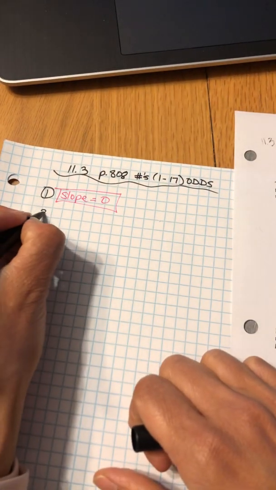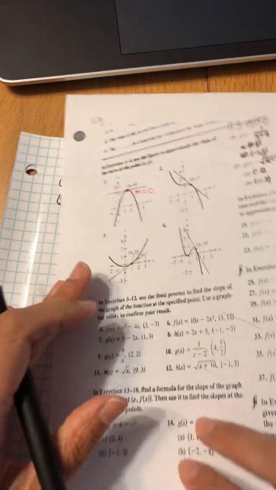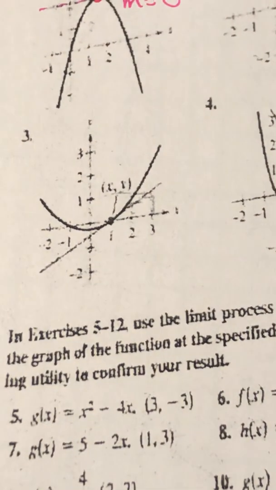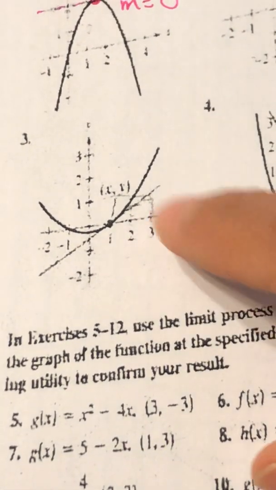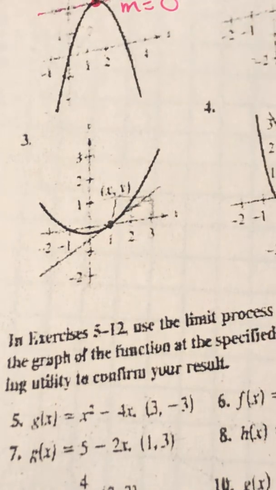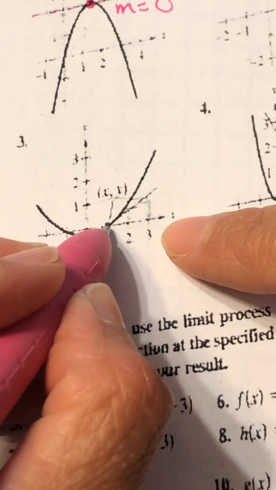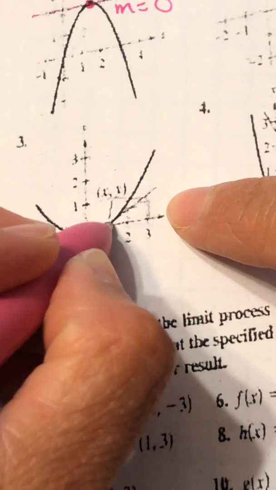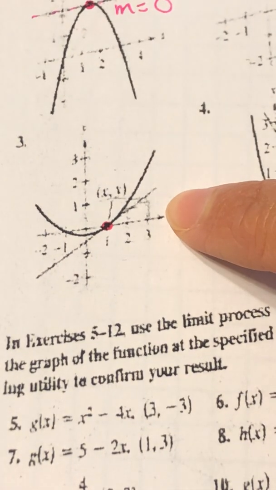Number 3, because we're doing the odds, is the same thing, but I'm going to go ahead and zoom in on this graph. Someone obviously had written in pencil on this book that Mrs. Ardito took a picture of, so I'm going to ignore that for right now. But I need to find the slope of this tangent line to this curve. I have this exact point right here, 1, 0.